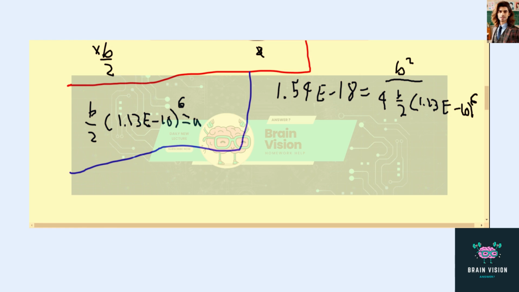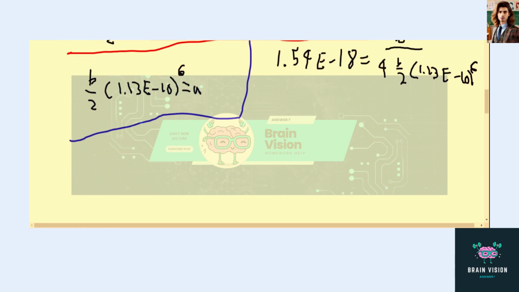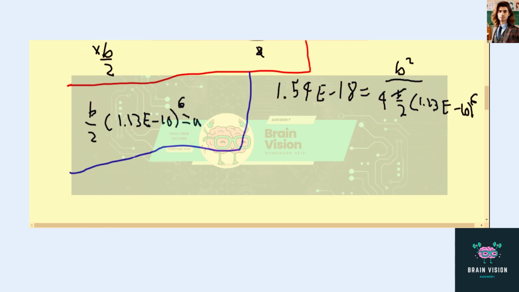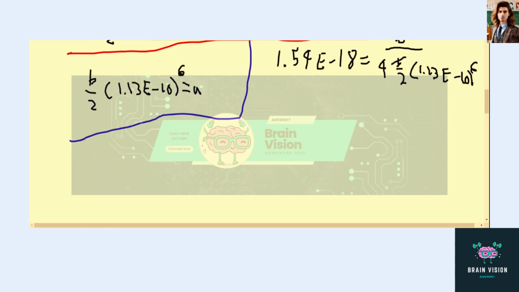Great. Now we can multiply both sides. Since the b's cancel here, we can multiply both sides by the bottom value here, and that will give us, if we put it in our calculator, b will be, I'd say, approximately 6.41.